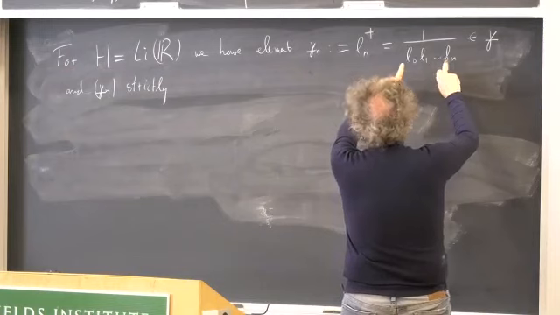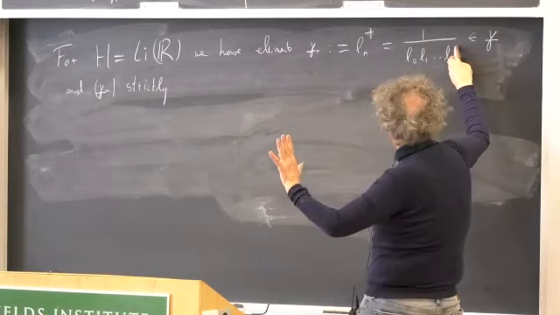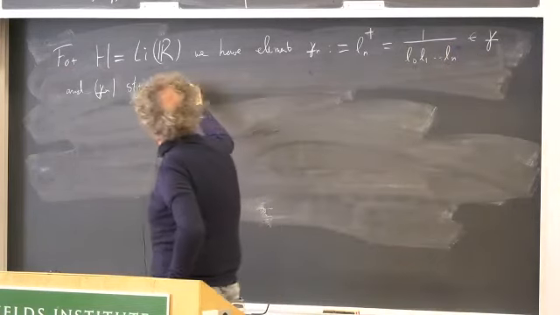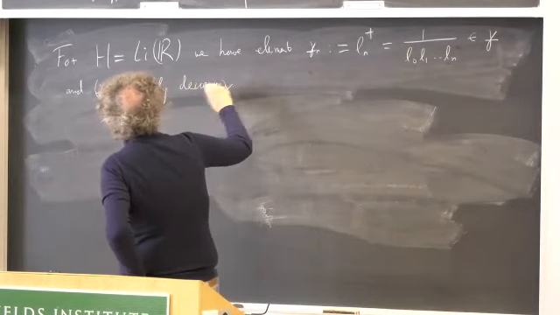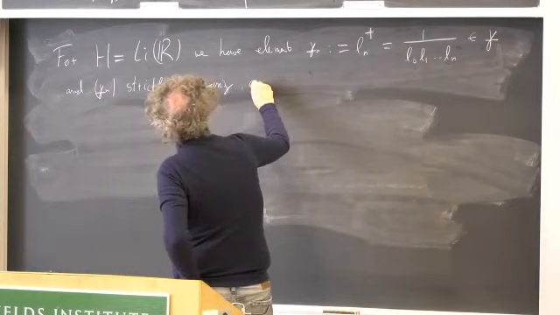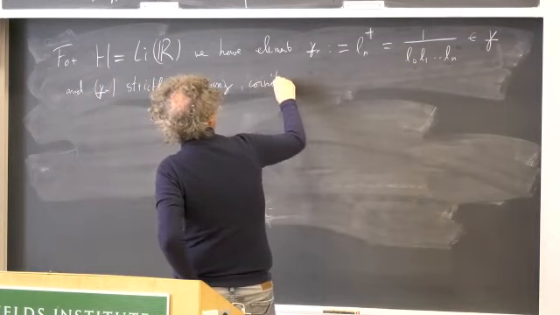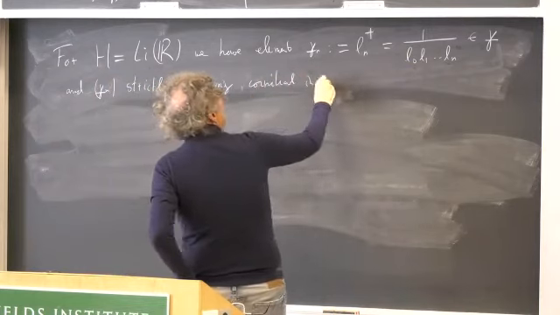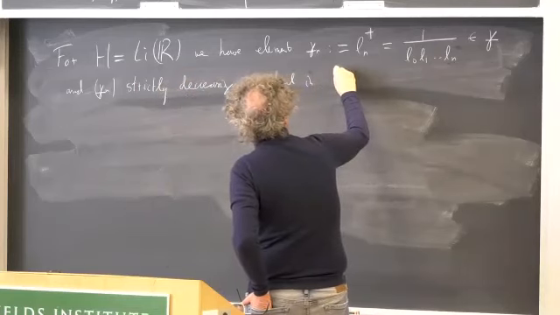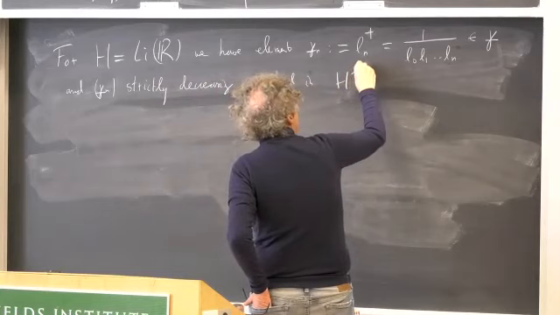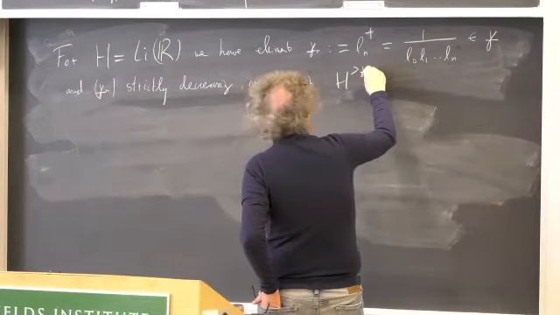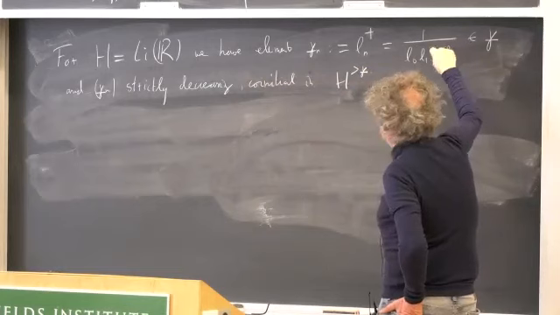No, that will also come up, but not here yet. With gamma n strictly decreasing and co-initial in H, the things that are bigger than gamma. Certainly they are decreasing, right?